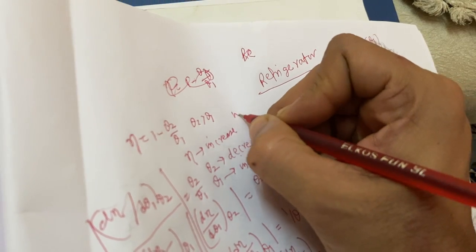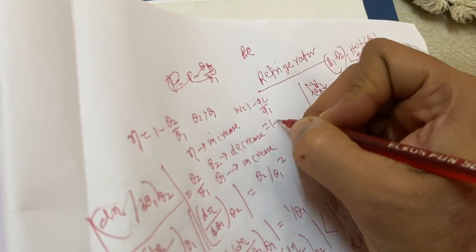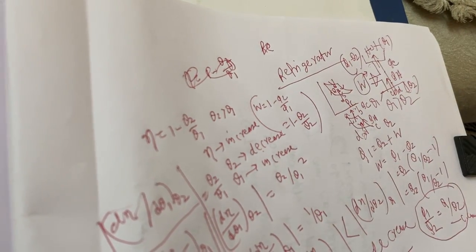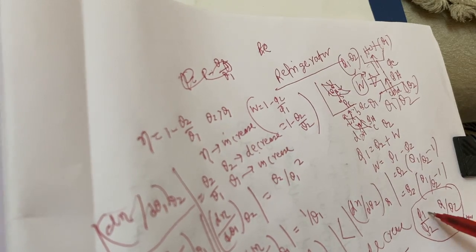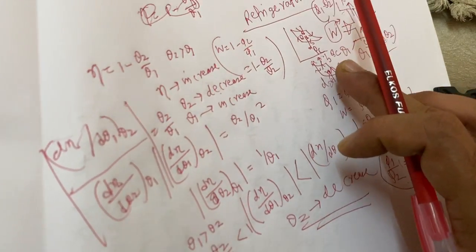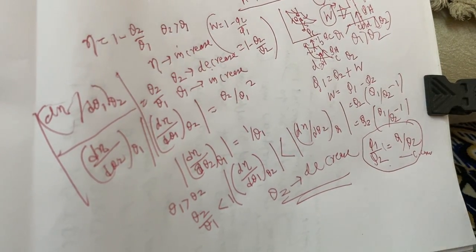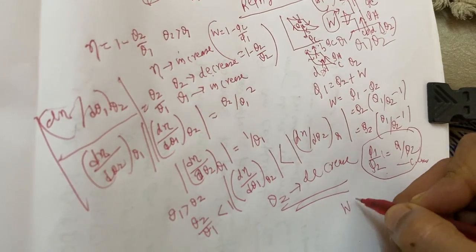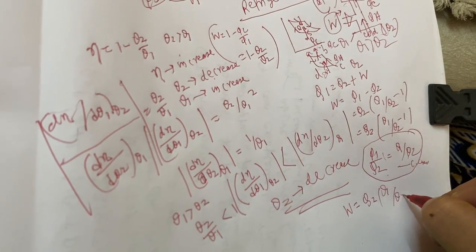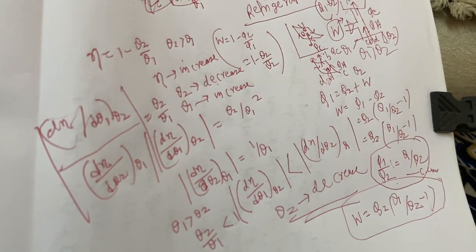This is valid for the Carnot cycle. So W equals Q2 divided by (theta 1 by theta 2 minus 1). This is one form of work done in the case of a refrigerator.